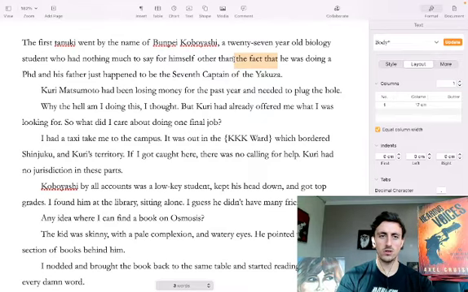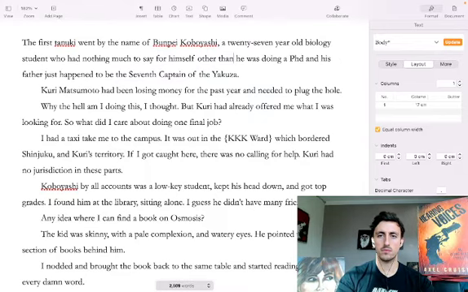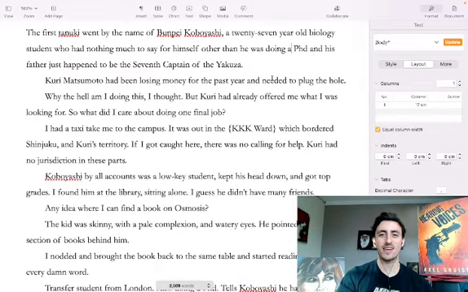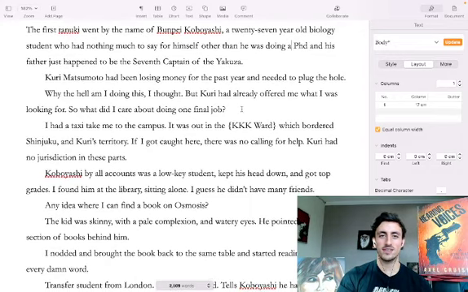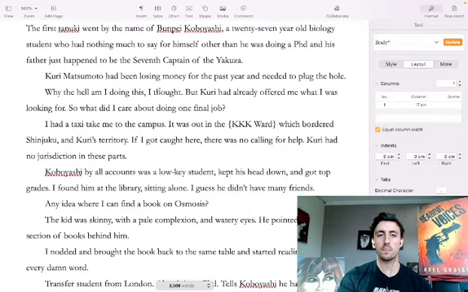A 27-year-old biology student who had nothing much to say for himself other than he was doing a PhD, and his father just happened to be the 7th captain of the Yakuza. It doesn't quite read right. 7th captain of the Yakuza.